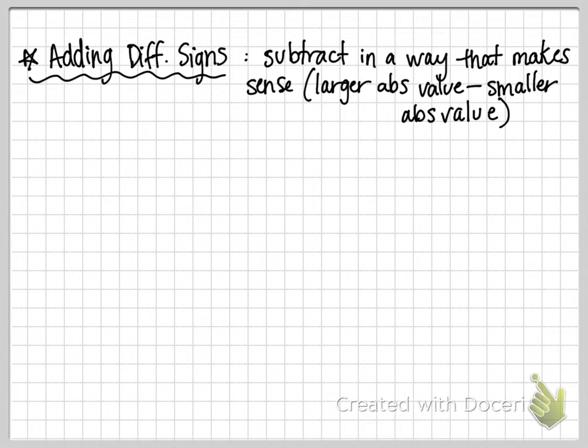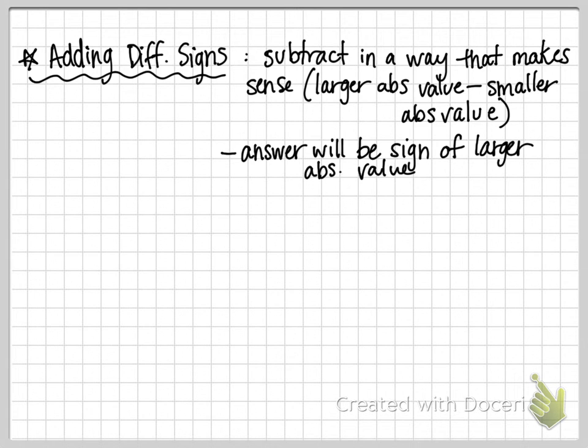So when you have different signs and you're adding, subtract larger minus smaller. The sign of your answer is the sign of the bigger absolute value. Now we can do that. Yep, this is why we did absolute value in the beginning, because it shows up again. The answer will have the sign of the larger absolute value number.